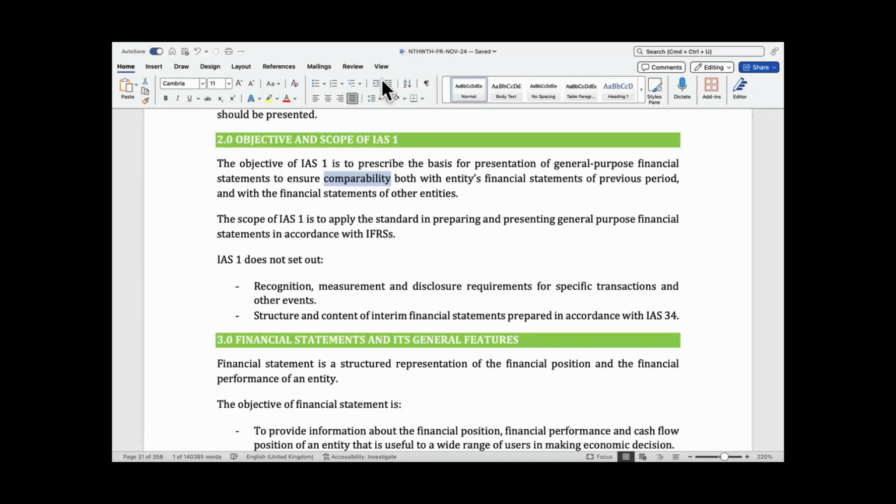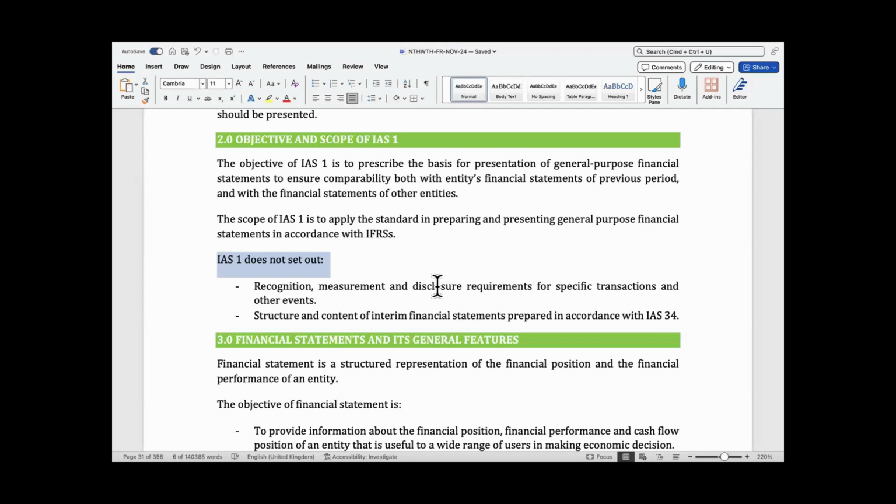As far as this standard is concerned, IAS 1 does not deal with recognition, measurement, and disclosure requirements for specific transactions and events. IAS 1 doesn't deal with specific transactions. It doesn't show you recognition and measurement. I know Mr. Kazim has taught you income tax.